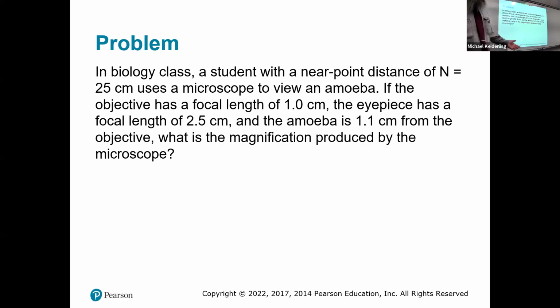So here you'll have to use the lens formula.